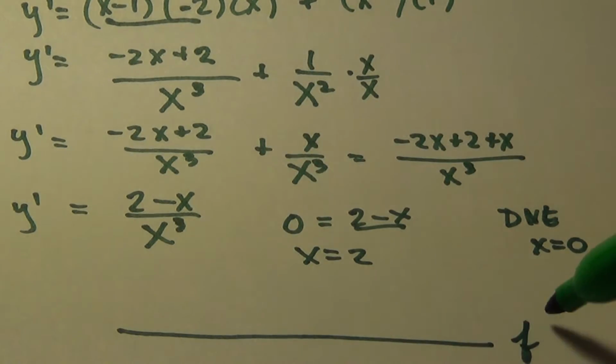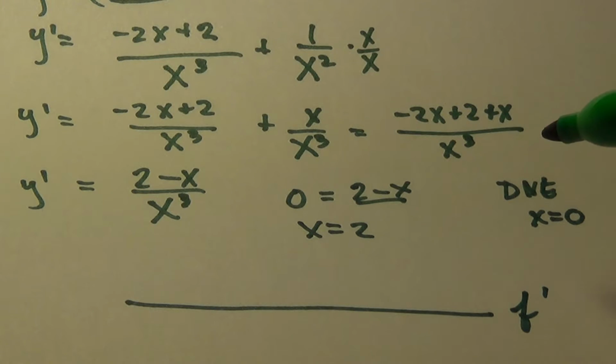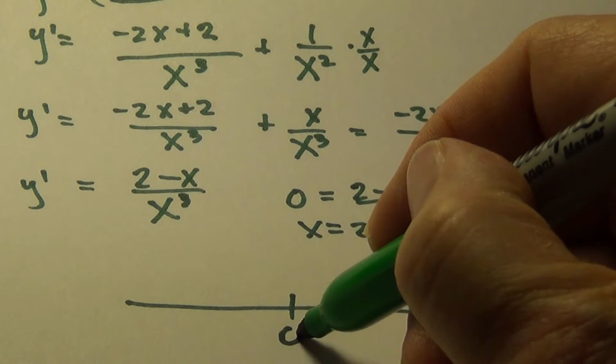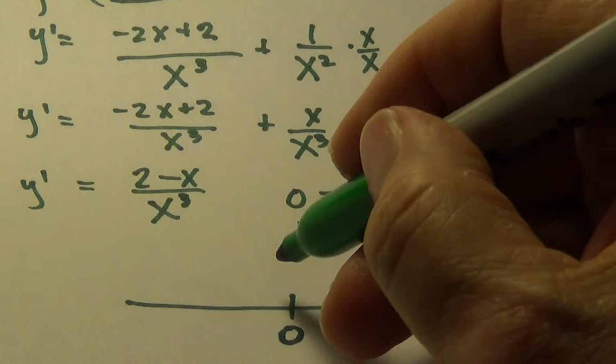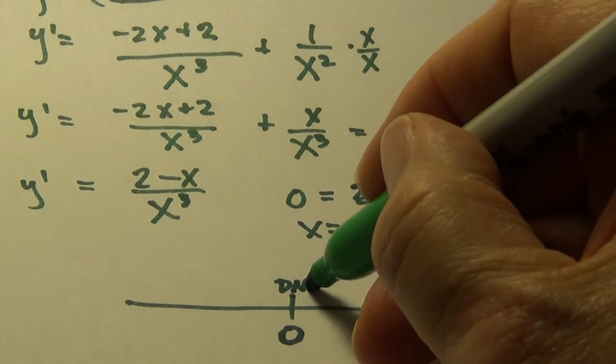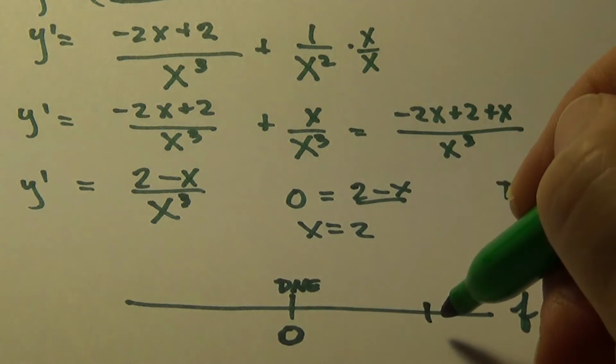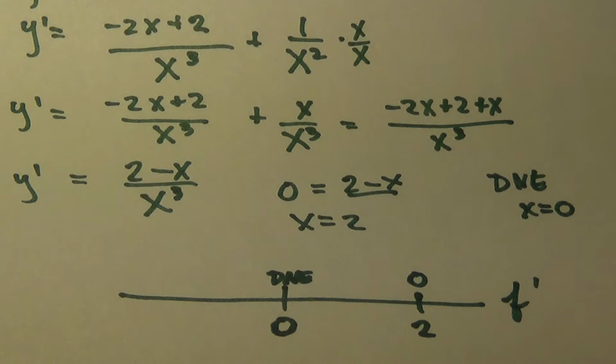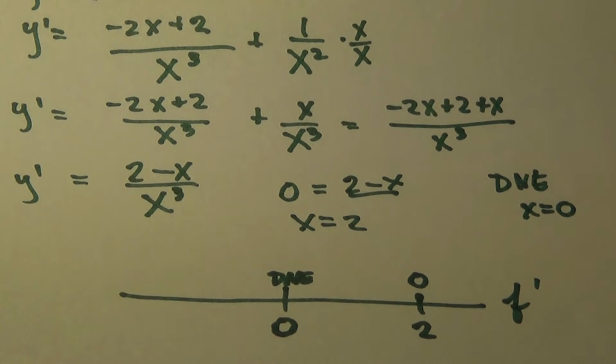So we like to graph them in this number line fashion. So here, x equals 0, the first derivative did not exist, and x equals 2, we had a 0 first derivative. All right, so from here to do increasing, decreasing, we like to do test points.